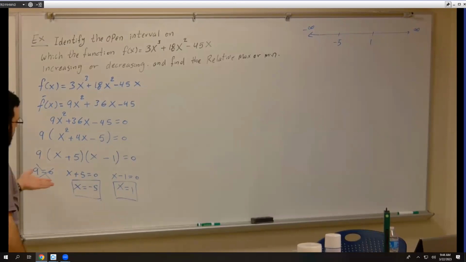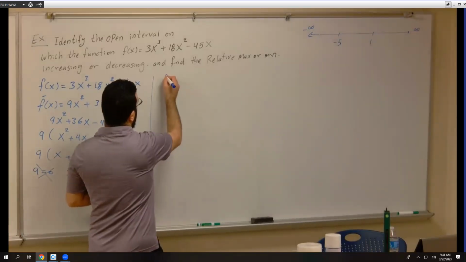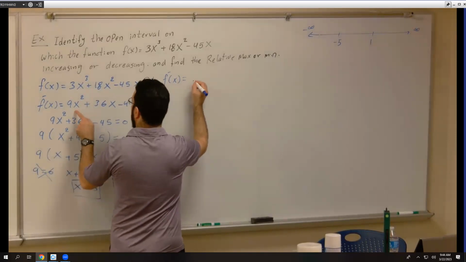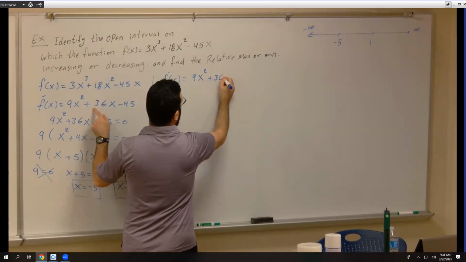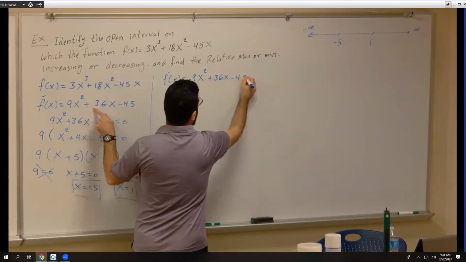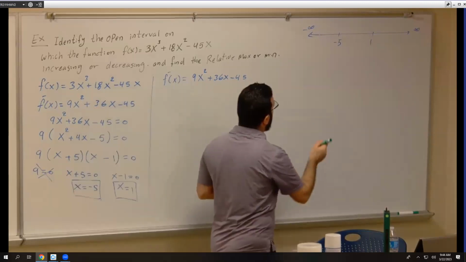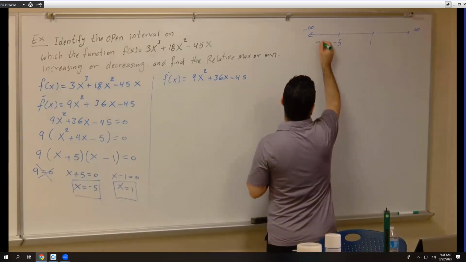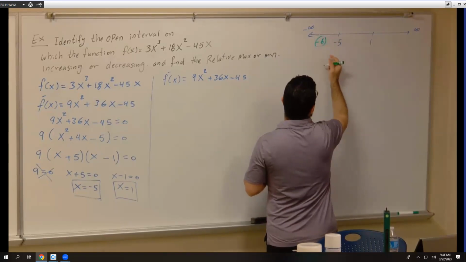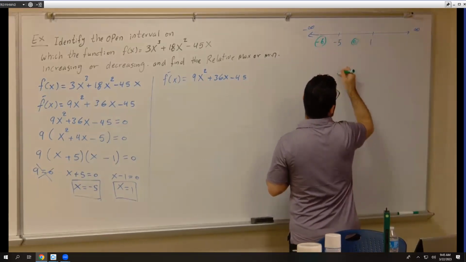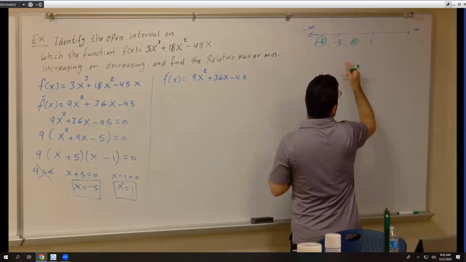I'm going to go back and check the derivative. f prime of x equals 9x squared plus 36x minus 45. I'm going to choose numbers. Left of negative 5, I'm going to choose negative 6. Between negative 5 and 1, I'm going to choose 0. Between 1 and infinity, I can choose 2.